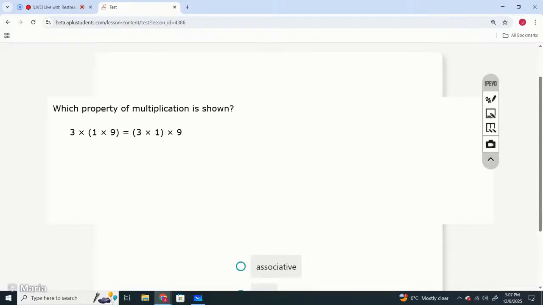Which property of multiplication is shown? 3 times 1 times 9 is equal to 3 times 1 times 9.